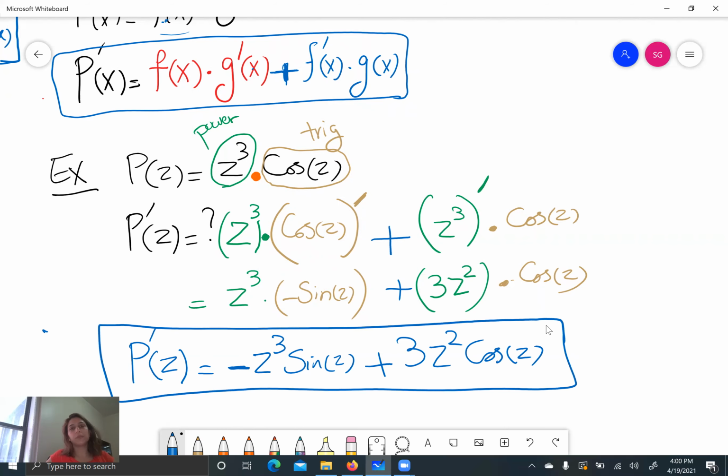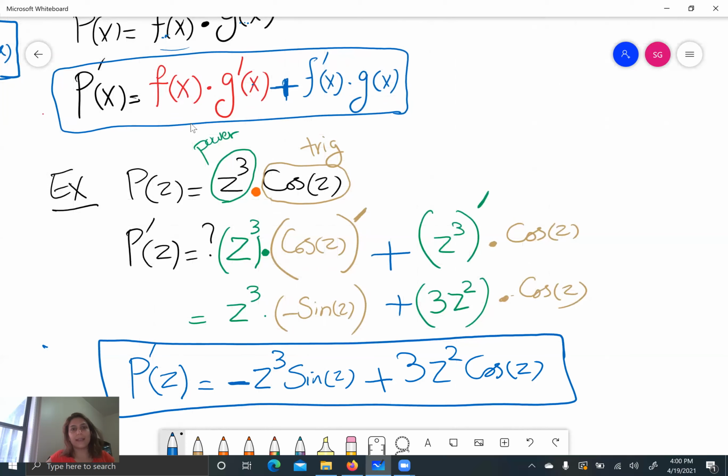So what was the rule again that I applied here? I applied the product rule that says that when you have the product of two functions, you multiply the first function by the derivative of the second function, added to the derivative of the first function times the second function.